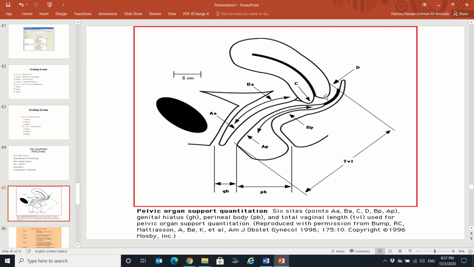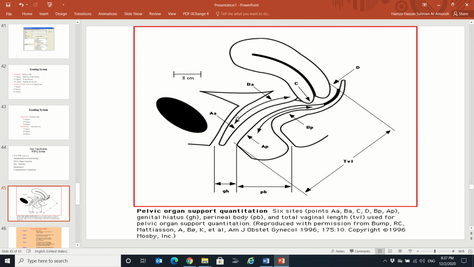If it goes below -7, then you have prolapse. So if it goes up to here, up to the opening or the hymenal ring, up to -1, this is first degree prolapse. If it goes to 0, second degree. Outside is third degree, outside the vagina, if it's +1 and below.